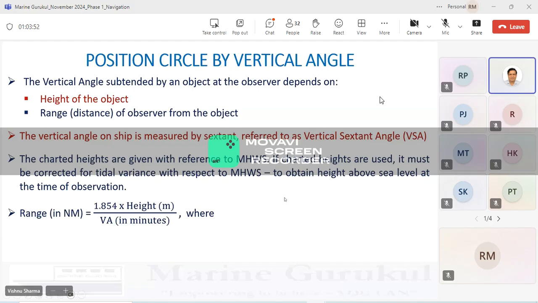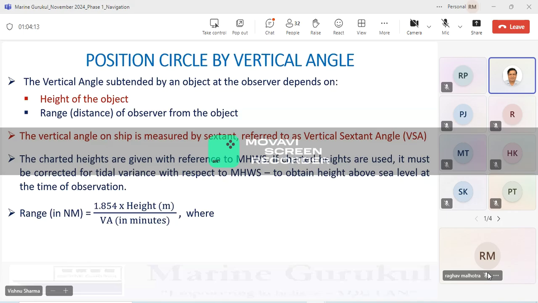Now you have to learn this formula, guys. Once or twice you can refer to it, and thereafter you will have to learn it. Range in nautical miles will be 1.854 or 1.856, doesn't matter, into the square root of height of the object in meters, divided by the vertical angle in minutes. Pay attention to the units.